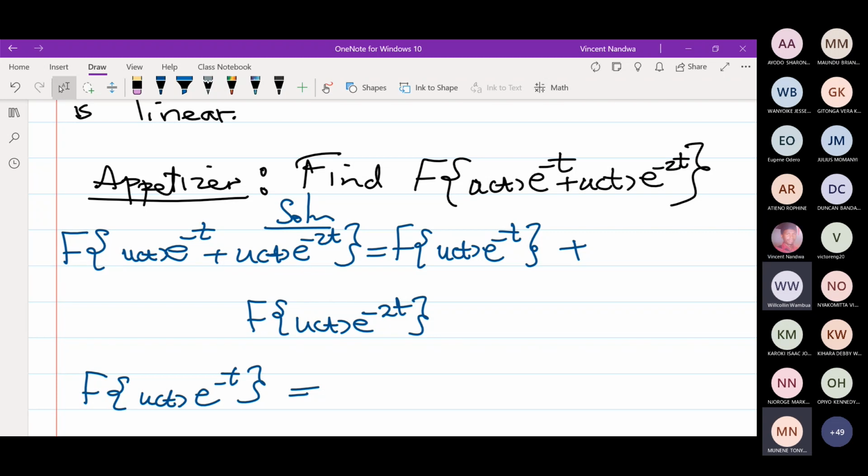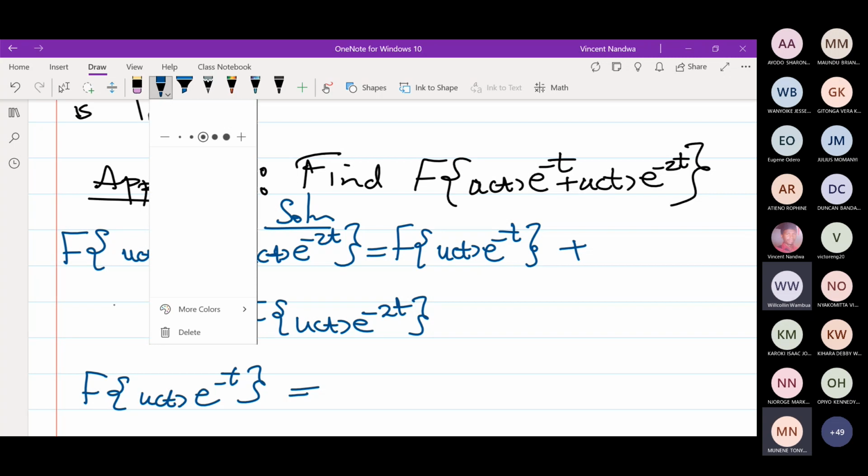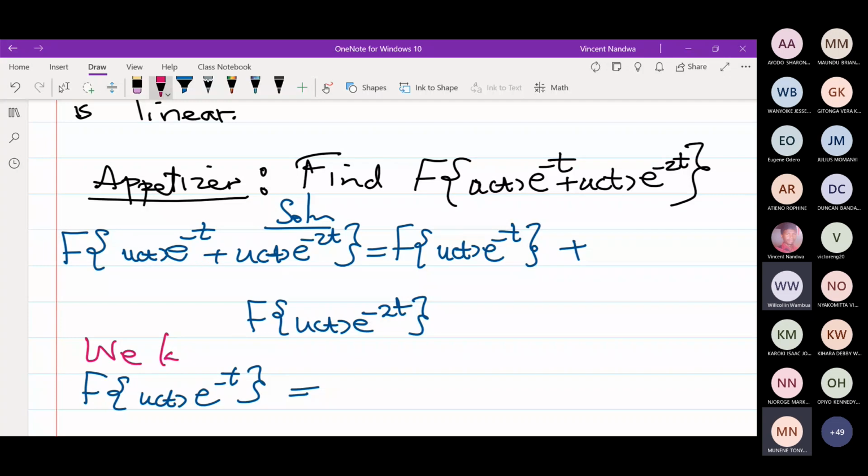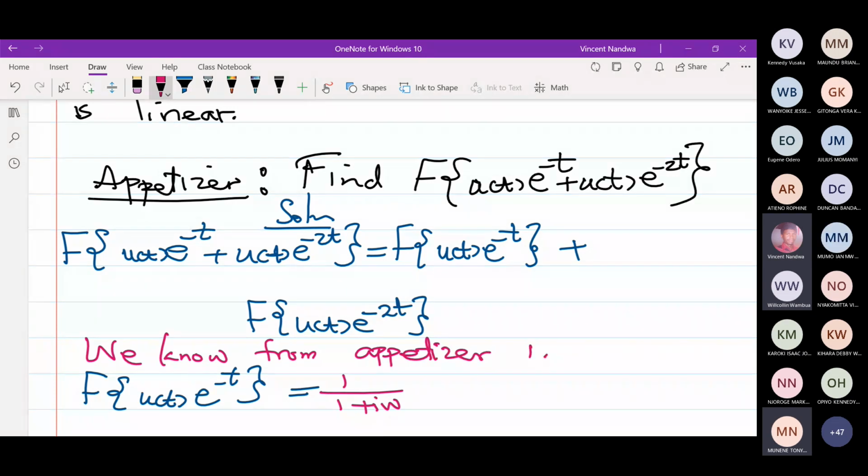The answer is 1 over i omega plus 1. Correct. So this is from the earlier example, so we had already calculated that. We need not redo the computation. But remember, in an exam setup, you have to show the steps on how that answer was obtained.